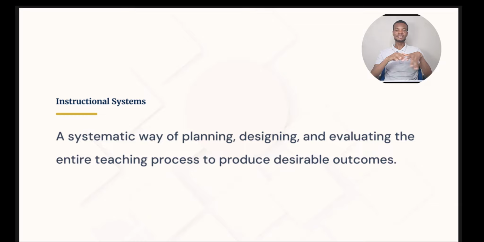All right, so let's make progress. We can then describe an instructional system as a systematic way of planning, designing, and evaluating the entire teaching process to produce desirable outcomes. A system is a collection of parts or components.